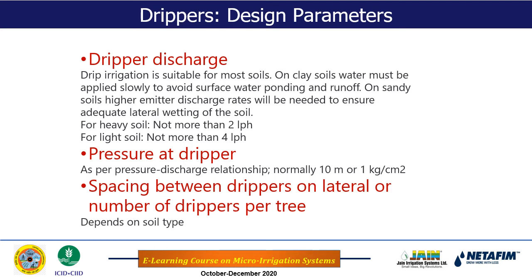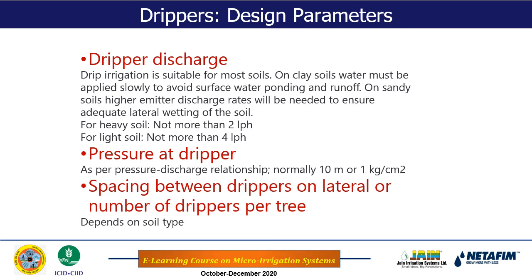For example, instead of 10 meters, if it is 8 meters, then instead of 4 liters per hour discharge at 10 meters, you will get 3 liters per hour, and you will consider that you are getting 4 liters per hour and accordingly applying water. But that is not the case actually. So pressure is to be maintained. For that, pressure gauges are there, and the pump is to be operated accordingly.